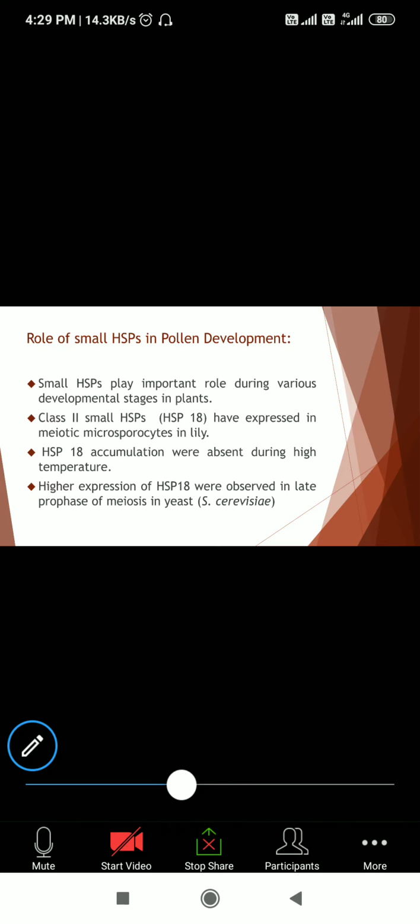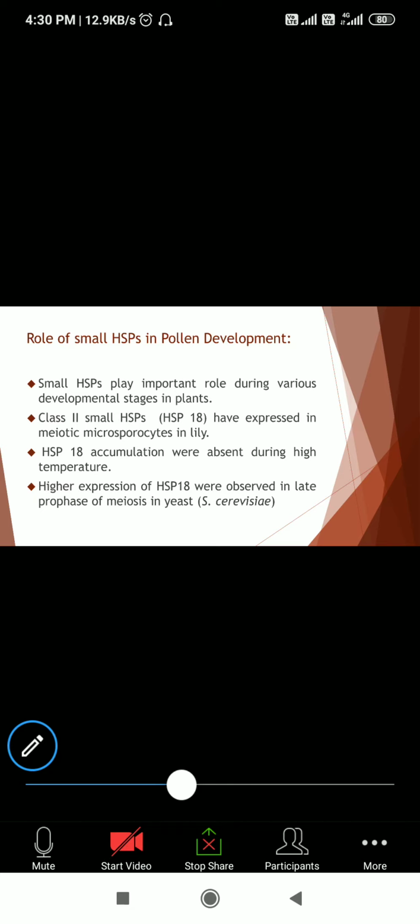And this was about the plants. HSP18 has also been seen to be highly expressed in yeast. The best example among yeast is Saccharomyces cerevisiae, where it has been observed during the late prophase of meiosis.